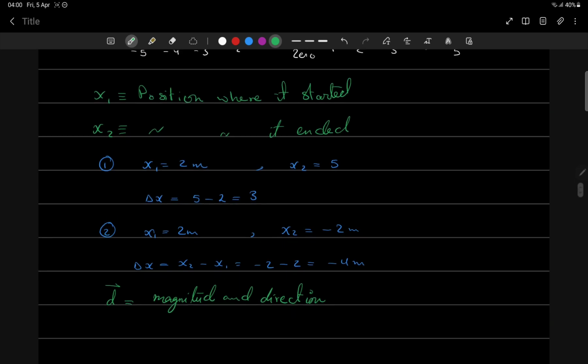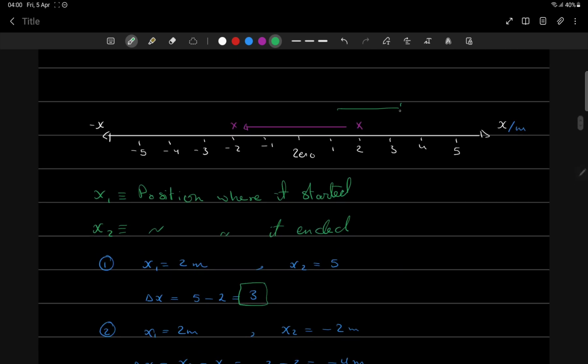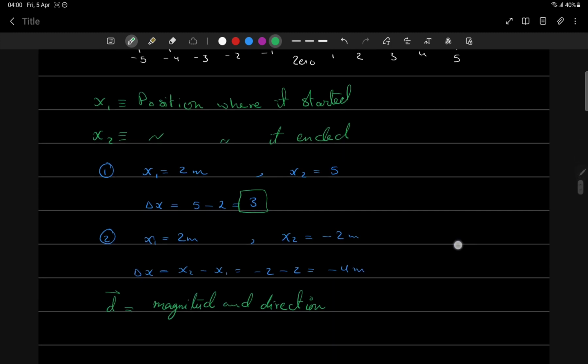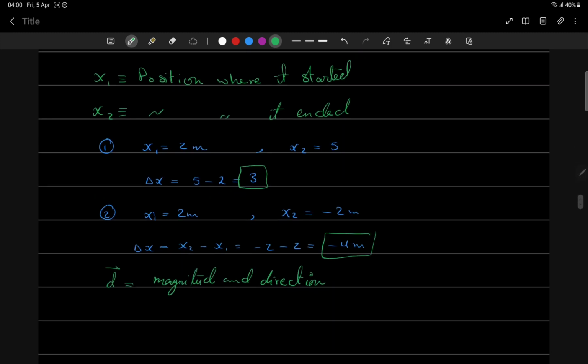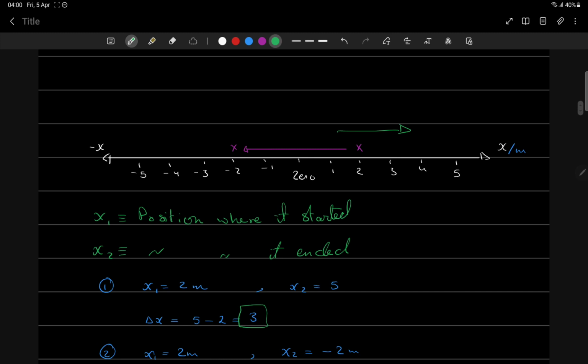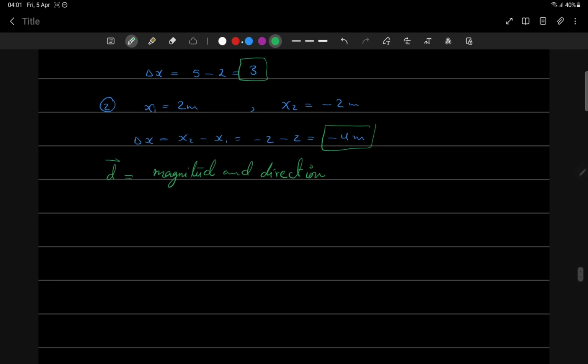So in the first example, the distance equals 3 in the positive direction, which is the right hand direction, while negative 4 means that the particle has moved in the negative direction or the left hand direction. And this concept is called displacement.